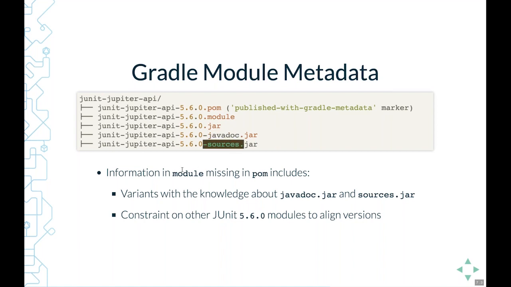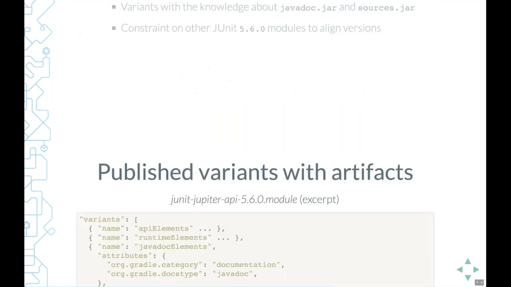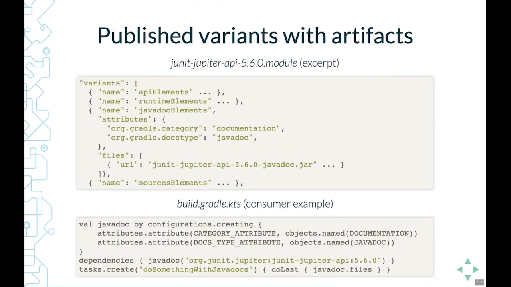But then also, as we'll see in some of the examples, JUnit started leveraging some of the upcoming Gradle features. And so, for example, as you see, the javadocs element is a real variant. It clearly states that it's a different kind of category. It's no longer a library, it's a documentation item, and the documentation type is javadocs.